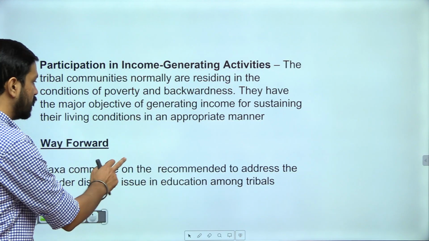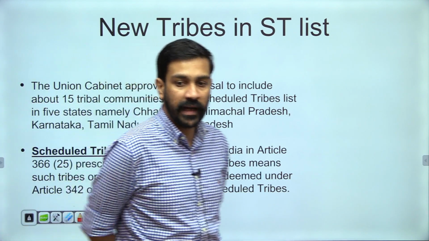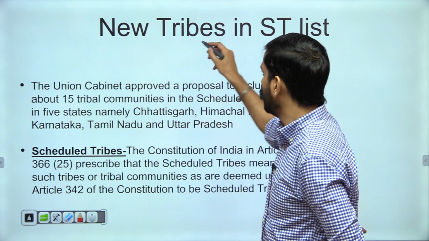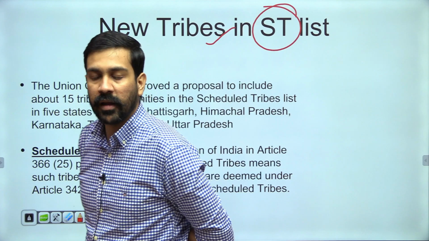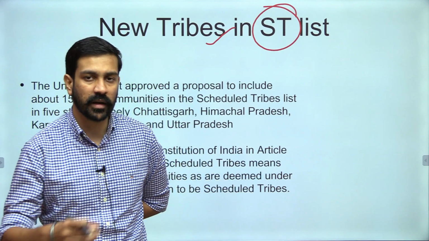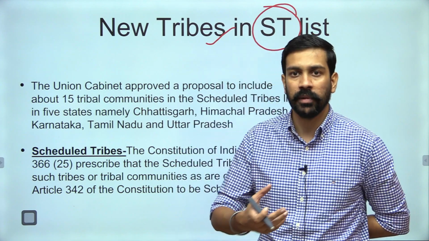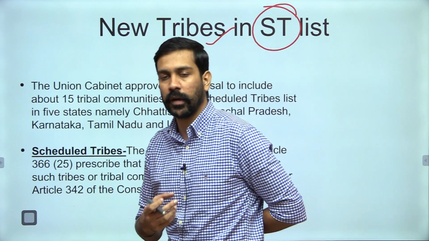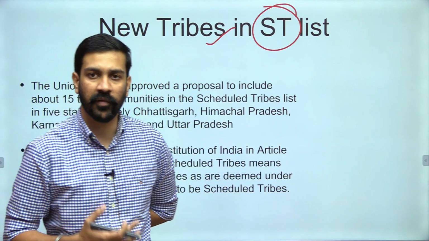Moving to our next issue, you must have read in the news also that the government has included some new tribes in the scheduled tribe lists. Again, I am repeating, if you don't know the difference between scheduled areas and scheduled tribes, please go and watch one of our last videos where I have specifically highlighted the difference between them.